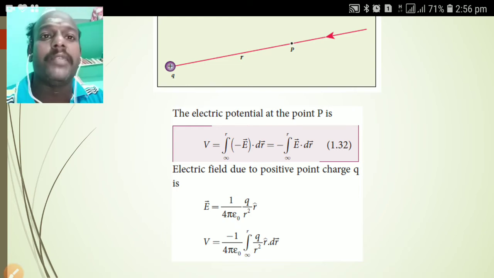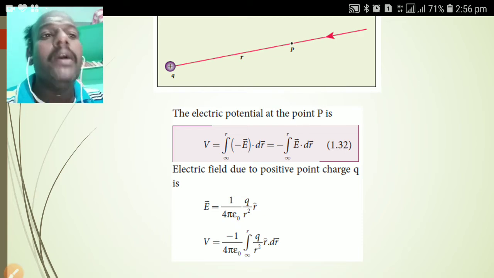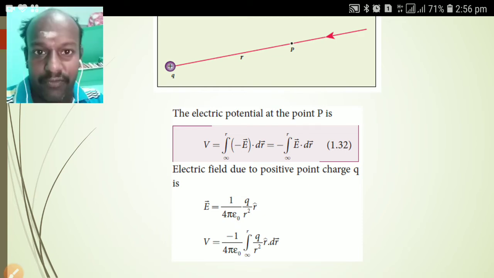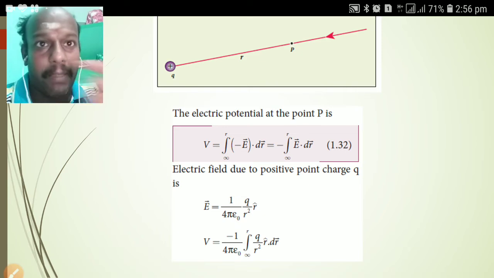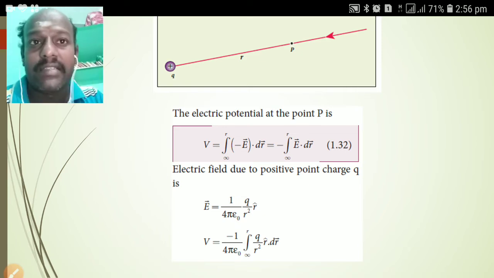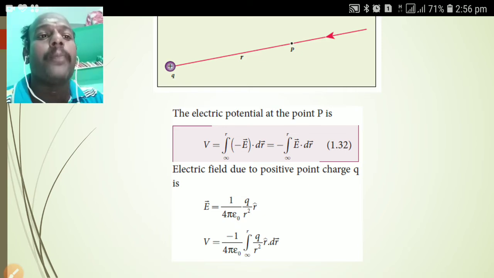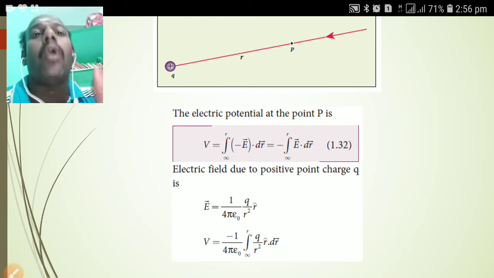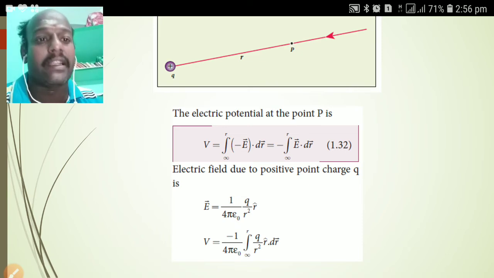So minus will be taken out, infinity to R, E dot dr. Remember, E is the electric field, a vector quantity, and dr is the distance. And the electric field due to a point charge is E equal to Q by 4 pi epsilon naught r square into r vector. R vector denotes the direction.